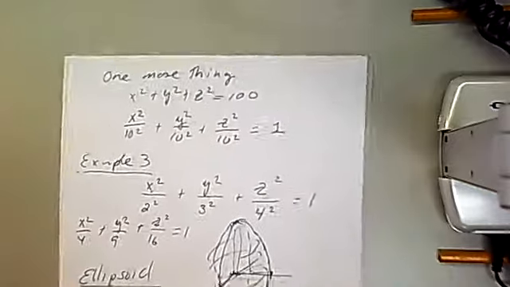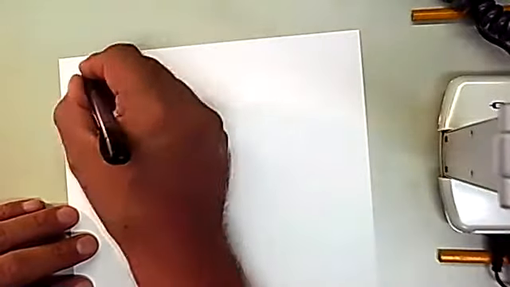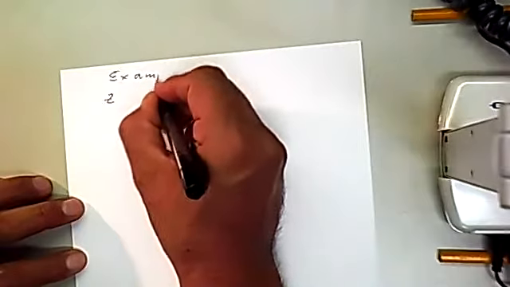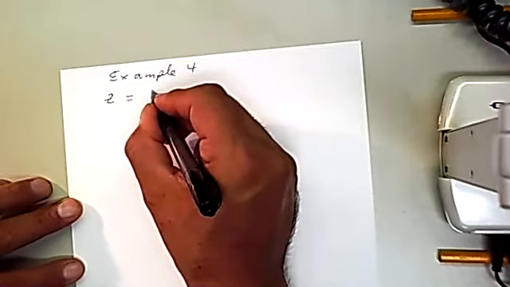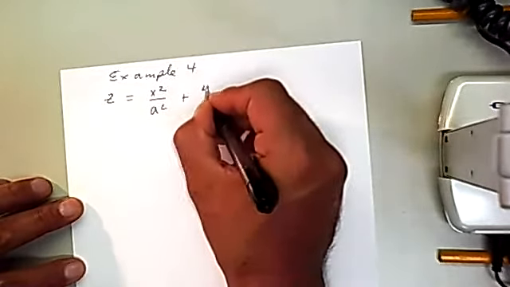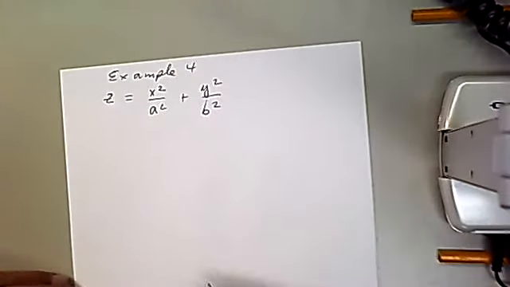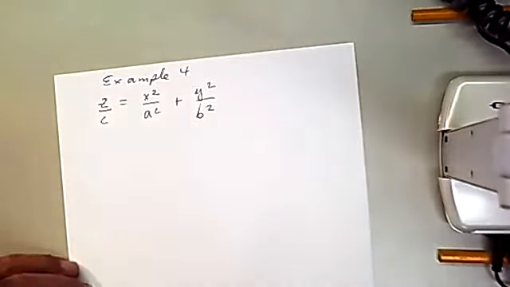Let me change this to a new sheet. If we have a single z, so let's label this as example 4, z equaling x squared over a squared plus y squared over b squared. Well, let's put a c under this.